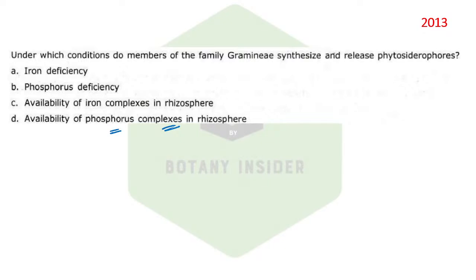Iron deficiency, phosphorus deficiency, availability of iron complexes in the rhizosphere, or availability of phosphorus complexes in the rhizosphere. Answer is option number A. That is, under the condition of iron deficiency, members of Gramineae family will be synthesizing and releasing phytosiderophores. Remember this.